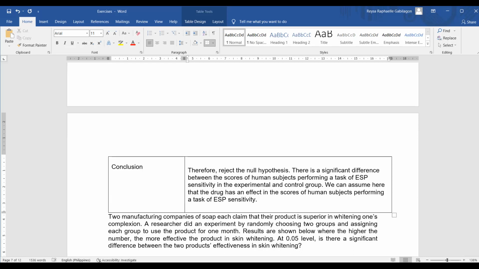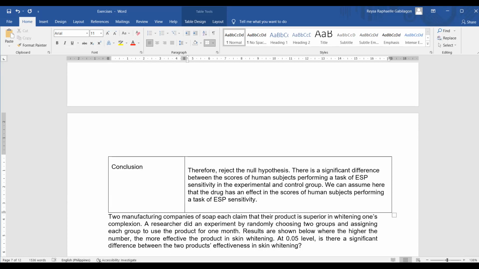Kasi remember, pag sinabing placebo, wala dapat yun supposedly na effect. So, mag-expect tayo na the scores, for example, should be low. Ayan. And then, iba yung scores ng drug. So, pag magkakaroon sila ng significant difference, malayo yung kanilang agwat in terms of the score.